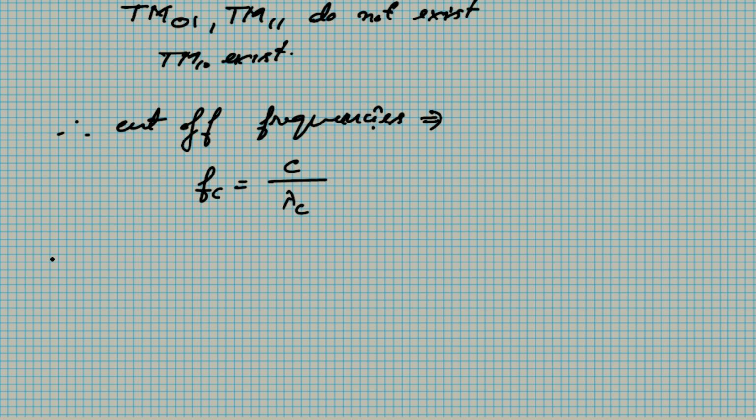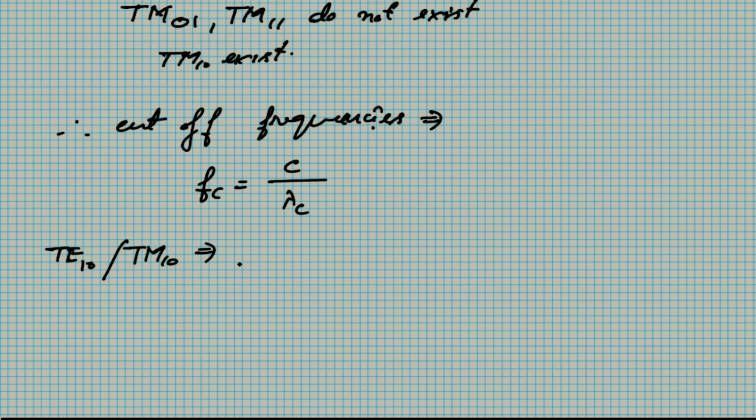Okay, so first we are trying to write TE. I think 01 does not exist, right? 10 I can calculate, correct? So TE10, or this is also true for TM10. So what is the cutoff frequency? It is c, 3 into 10 to the 8 divided by, what was the lambda c we got? I think that's 5 centi, so I can write 5 into 10 to the minus 2.